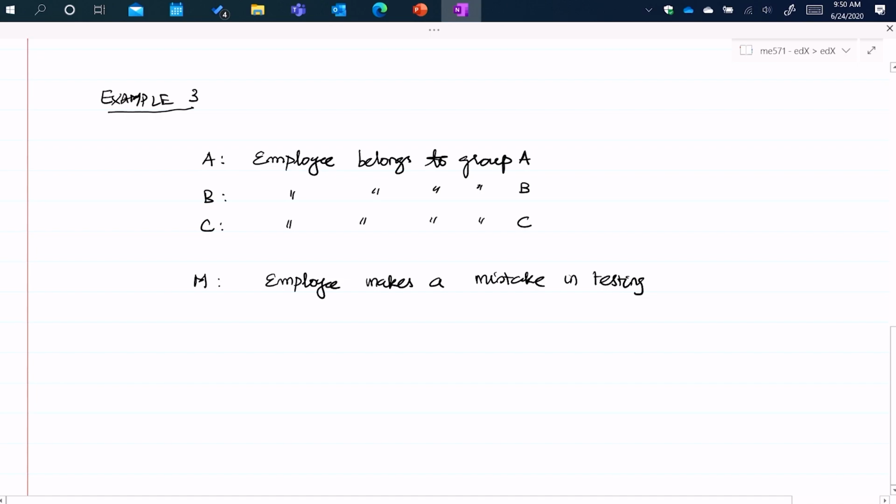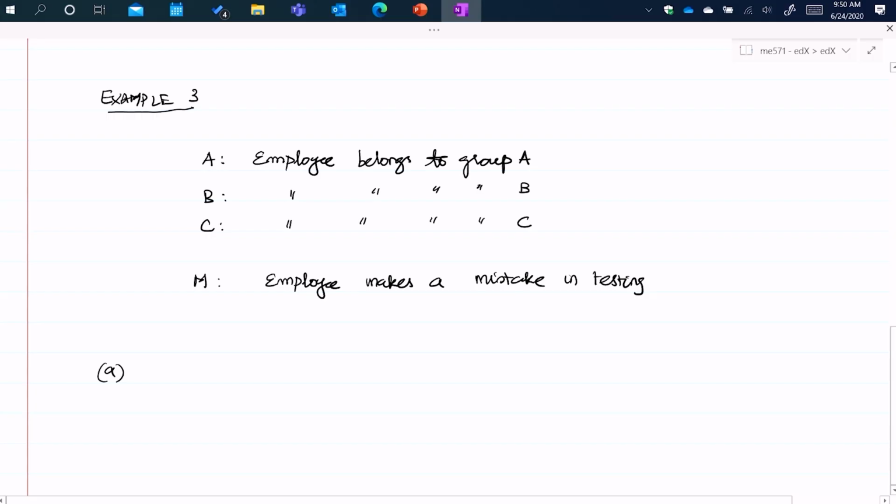And then finally we will also define other events to describe the situation where an employee belonging to group A has taken a course or not taken a course. So let's start with part A.